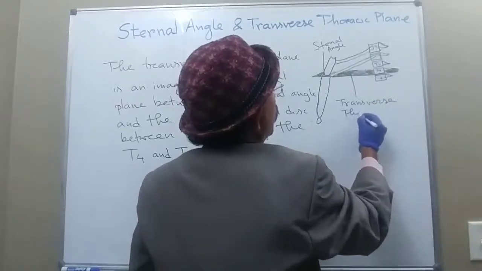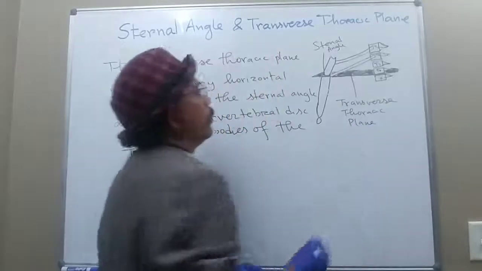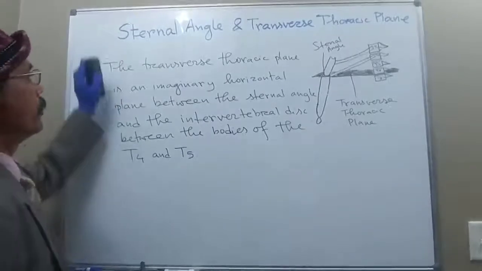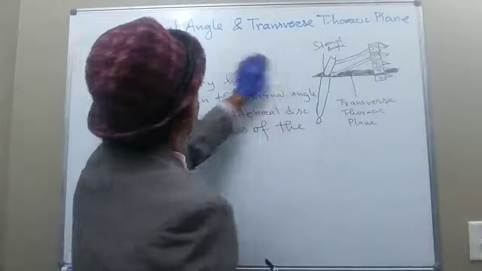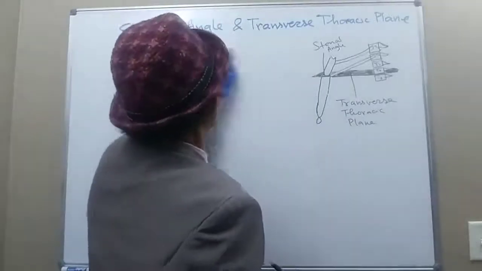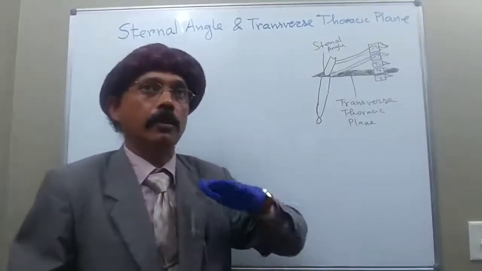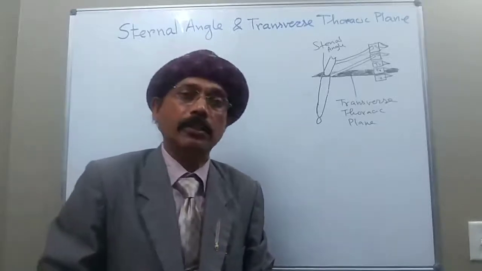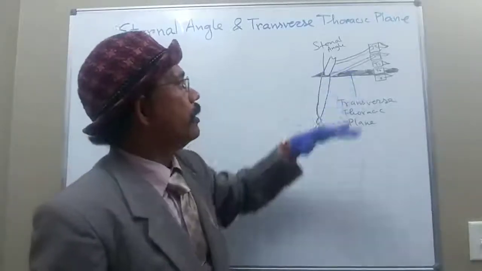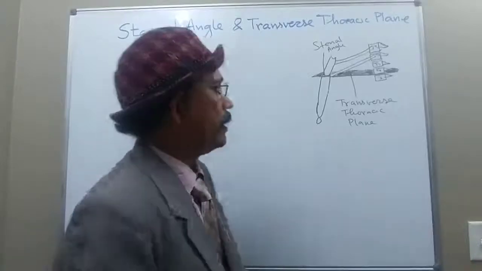Why is it so important for us? In anatomy, especially in the thorax, the sternal angle and transverse thoracic plane are very important, because multiple structures are present at this plane, and the sternal angle is also very important to count the ribs.